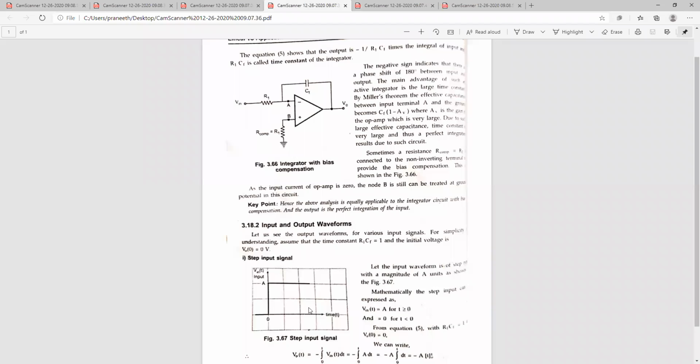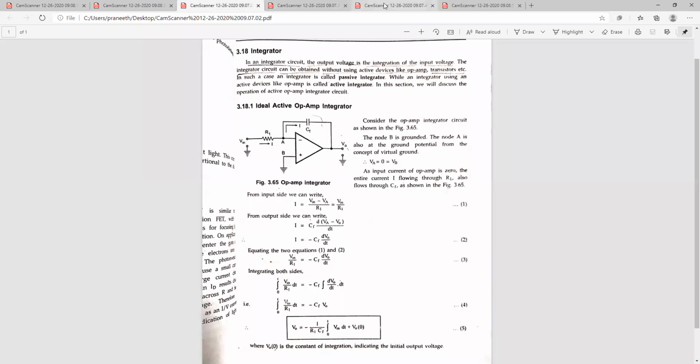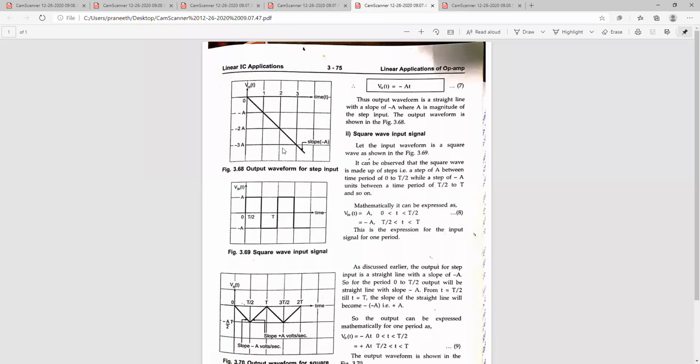So as I have applied the step input, after the mathematical calculation I have got the ramp output. Is that clear or not? Yes, ma'am. Right. Similarly, this is one of the inputs and the output that we have been getting.